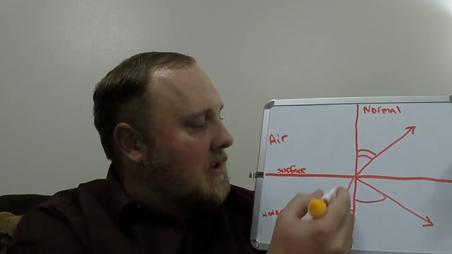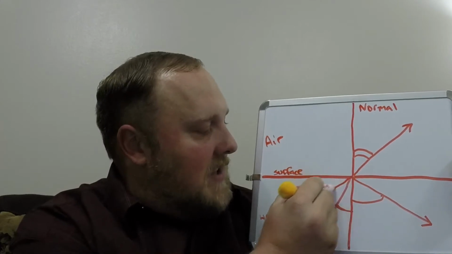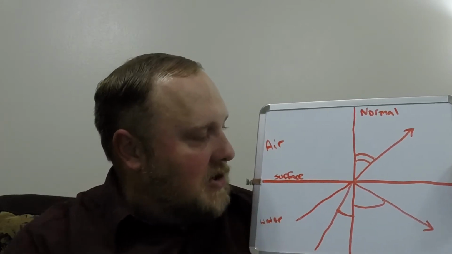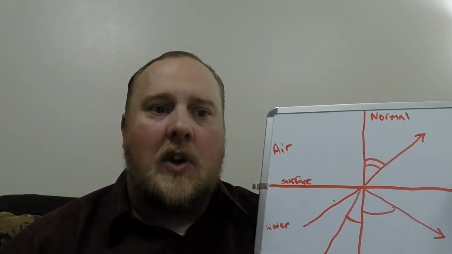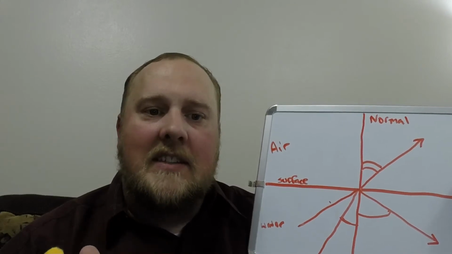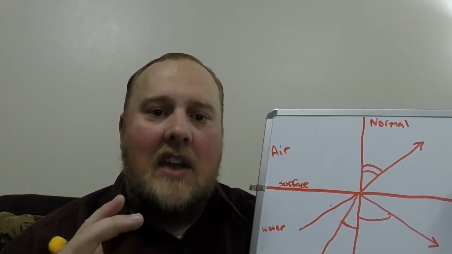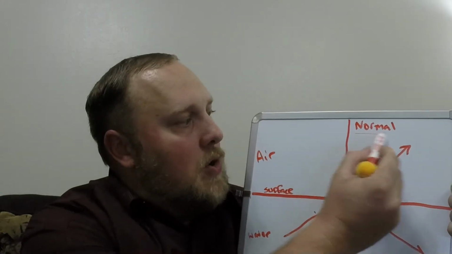It should be said that the angle of reflection and the angle of incidence that causes the reflection are always equal to each other. The angles of incidence, the angles of refraction, and the angles of reflection are all measured from the normal.